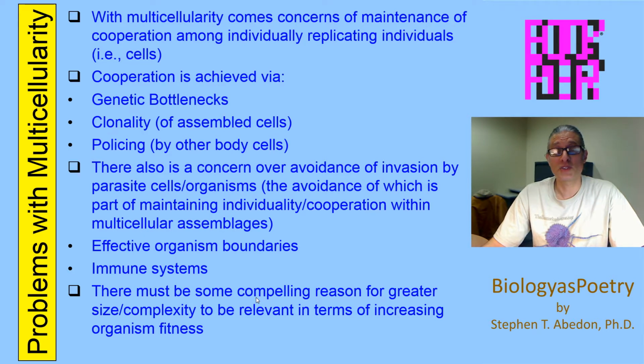So there's really two sides to this issue of the evolution of greater size and complexity. On the one hand, there is the reasons why an individual may benefit from being larger or more complex. And on the other side, which is predominantly what's being discussed in this slide, are the issues of the costs that arise once an individual becomes larger or more complex, and how these various costs are addressed.